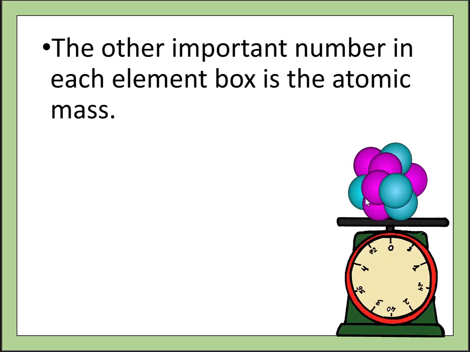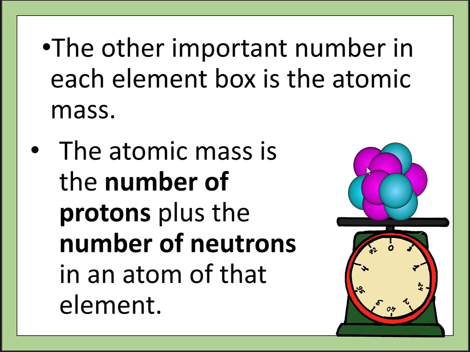The other important number in each element box is the atomic mass. And the atomic mass is the number of protons plus the number of neutrons in an atom of that element. So remember, we discussed that protons and neutrons make up the nucleus of the atom, and then there are electrons surrounding it.